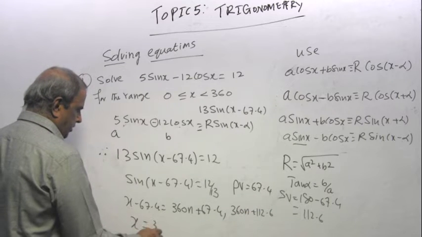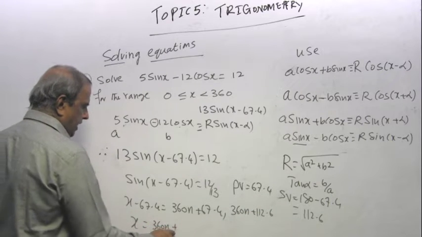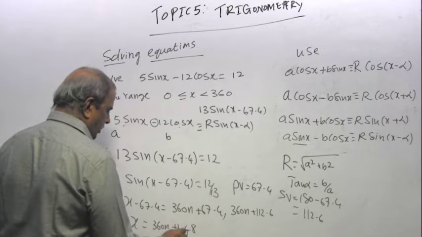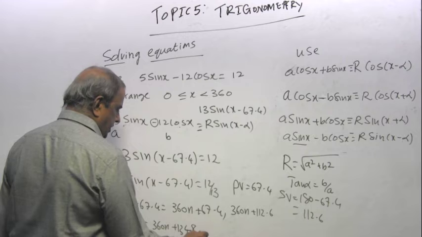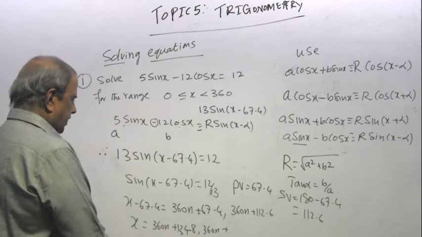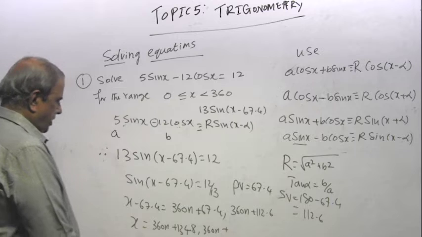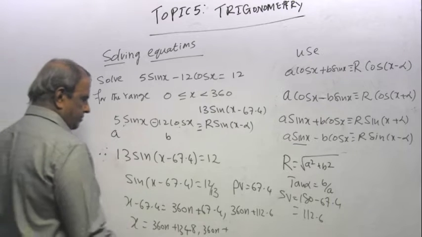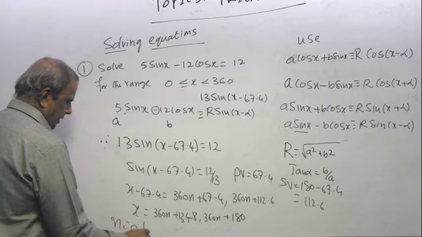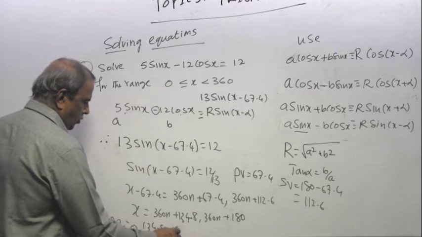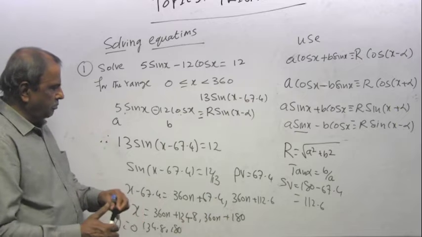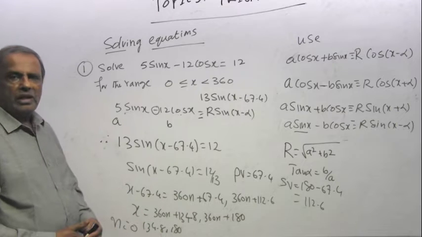So x equal to 360n plus 134.8, then 360n plus 180. Put n as 0, I get 134.8, 180. Put n as 1, crosses. Put n as minus 1, below. So you have your two answers.